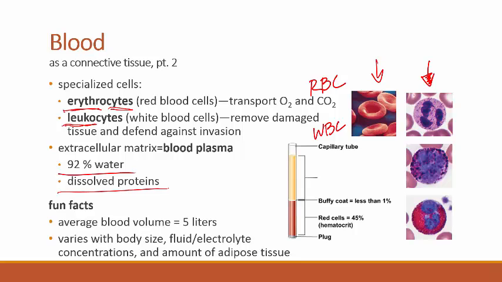So if you were to eat that country ham at Easter time, that ham that was cured in salt, then you're going to be adding a lot of electrolytes to your body, and in response to that, you're going to become thirsty and want to drink more fluids. And so as you add salt to your blood, water is going to diffuse into the blood, and so the volume of blood is going to increase.